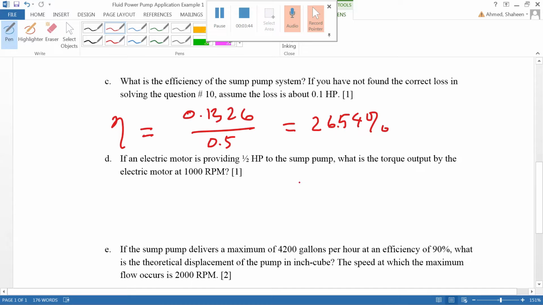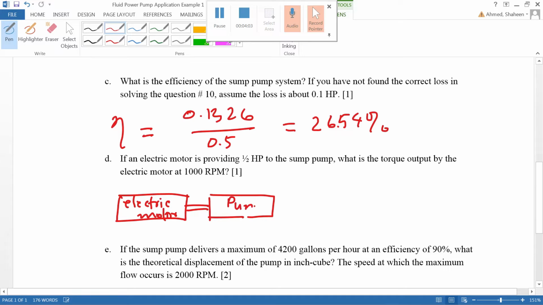What is the torque output by the electric motor at 1,000 RPM? Basically, most of these pumps are driven by an electric motor that is connected to this pump. So this is asking, what's the torque here? If it's half horsepower, we can just write 0.5 horsepower.